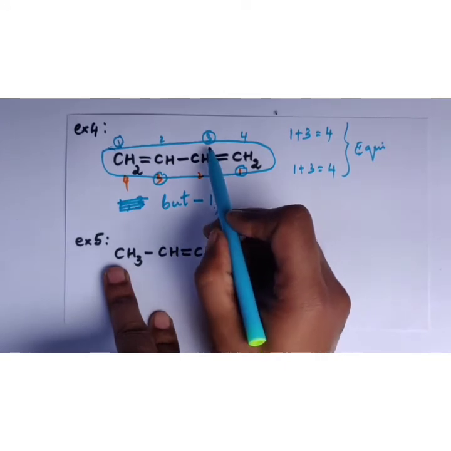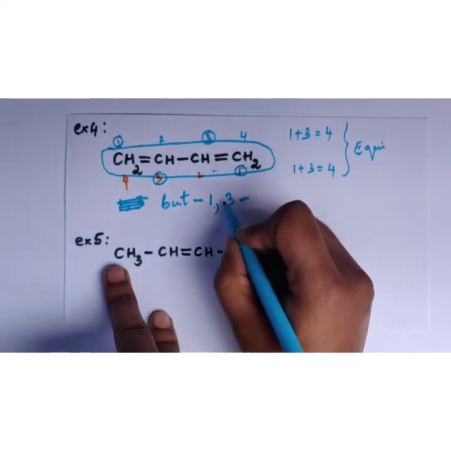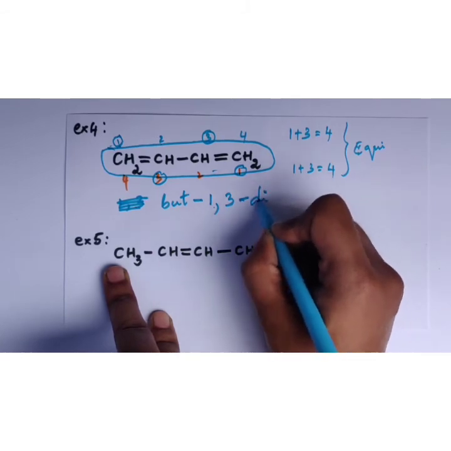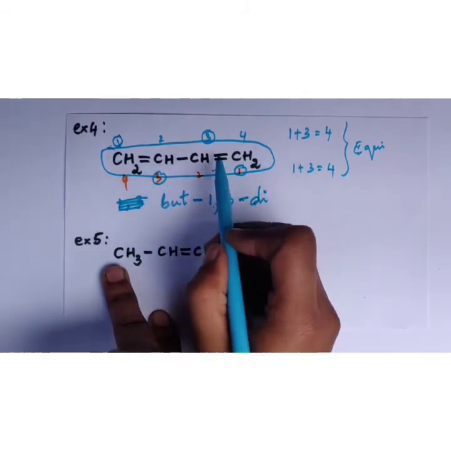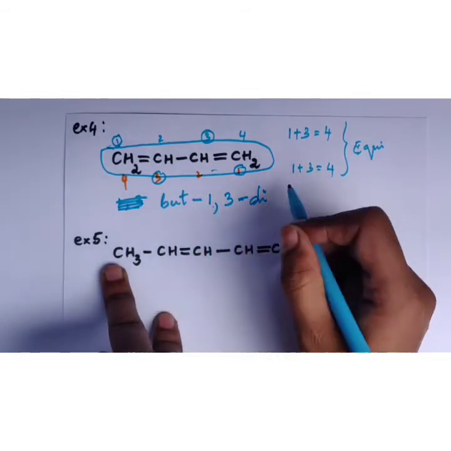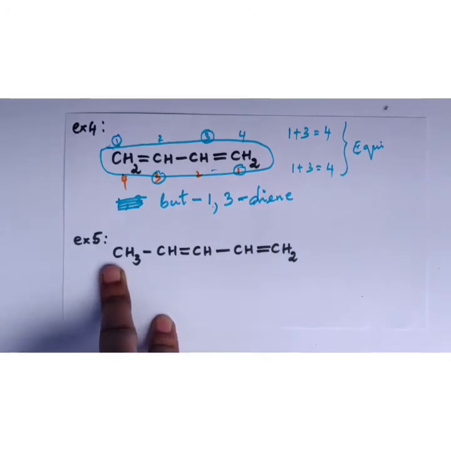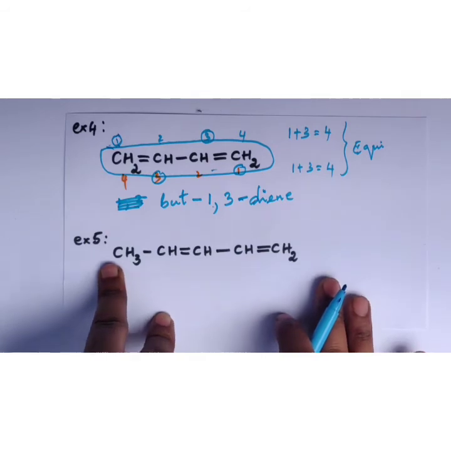The double bond is present between 3 and 4, so you select 3. So it is 1, 3. Like how you use dichloro, dibromo, diiodo, same like that, di-ene. So it is bute 1, 3 diene. This is how you are going to name it.